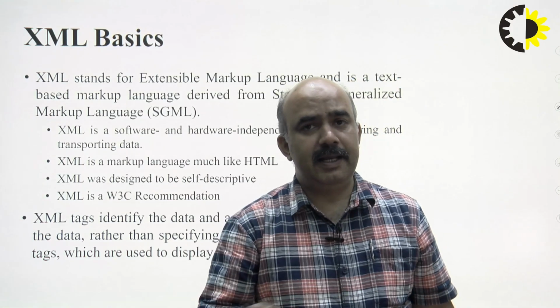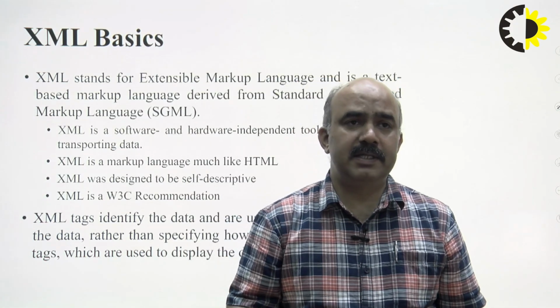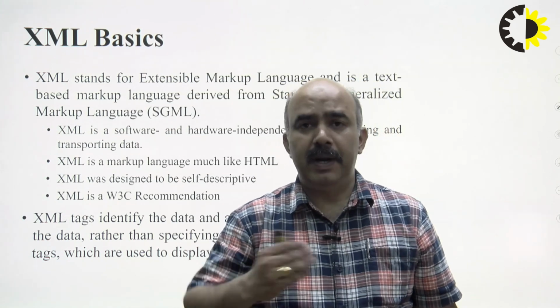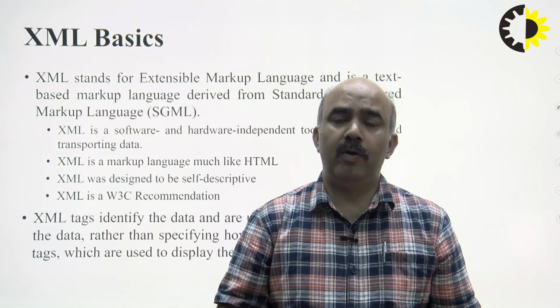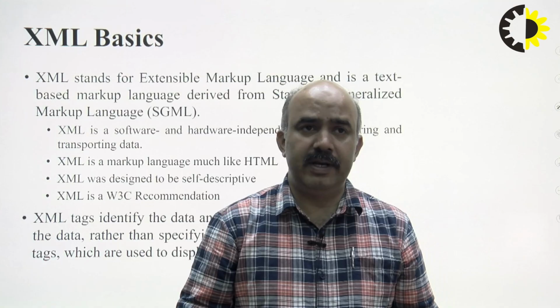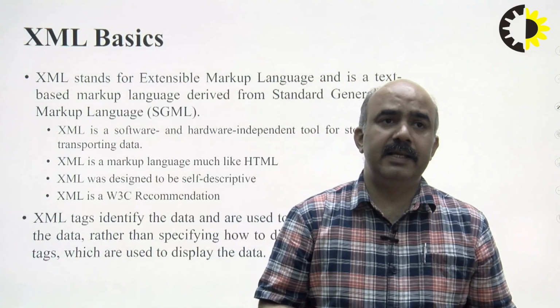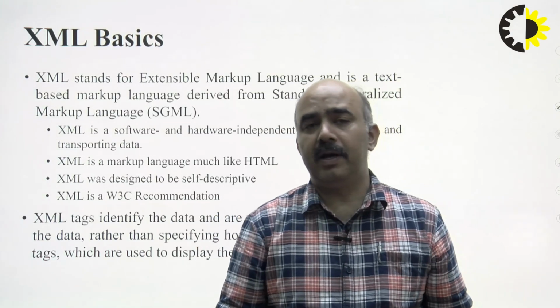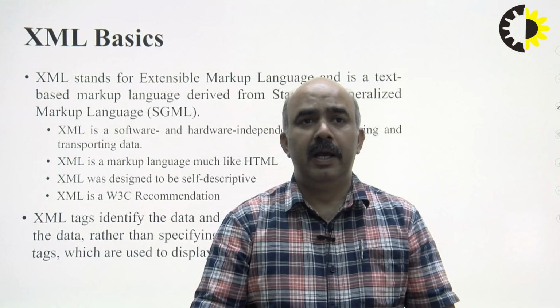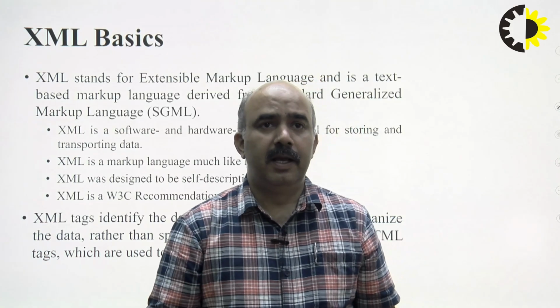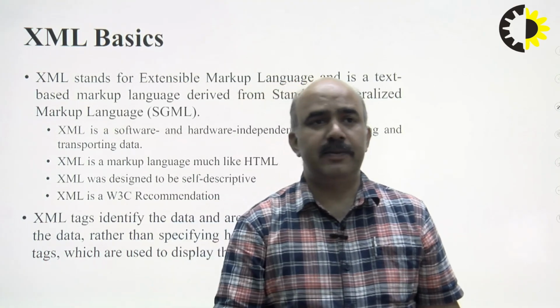It is a markup language just like HTML, but with certain advantages of its own, like the self-descriptive design. It means you can create your own tags, compared to HTML.